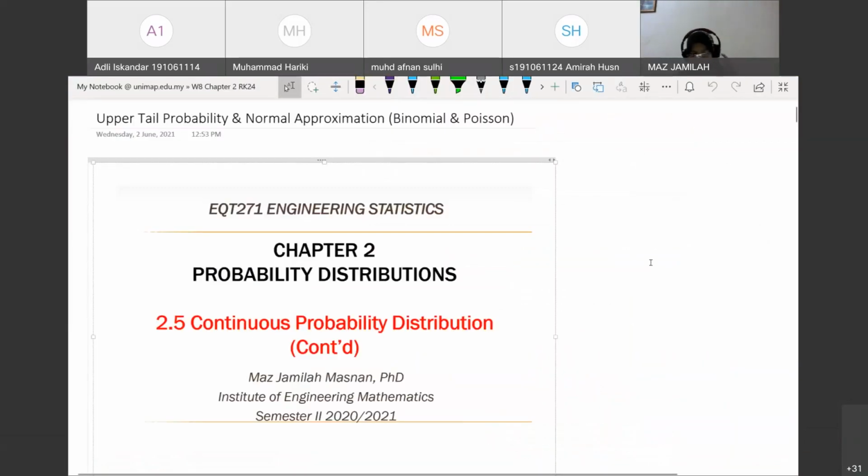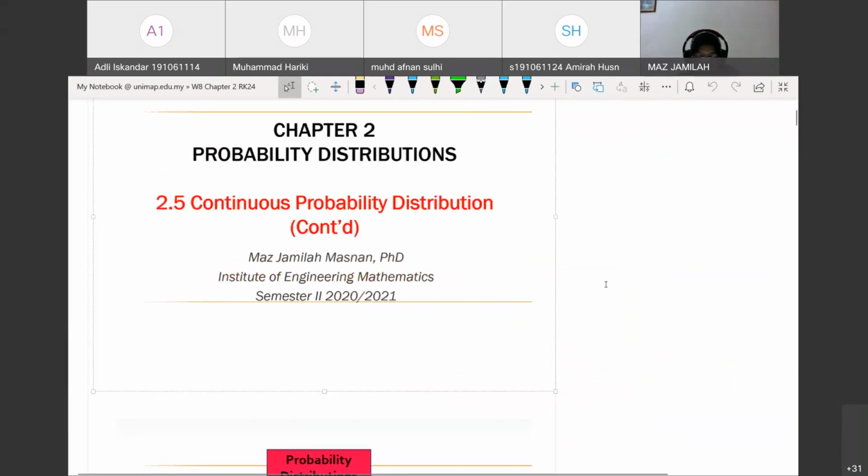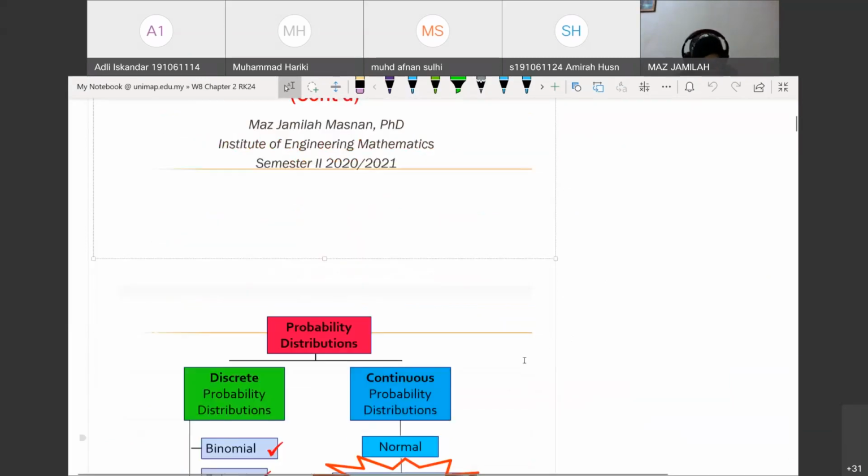Okay, last time we stopped at how we can find the probability value if you are dealing with X random variable that follows normal probability distribution. And as I mentioned earlier, there will be two ways on how we can find the probability if we are dealing with a random variable that follows normal probability distribution.